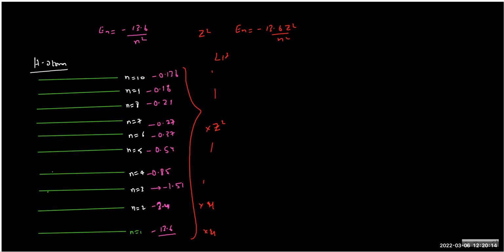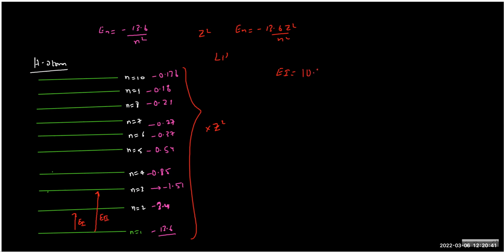Now, what else do we need to remember to solve the question efficiently? You need to remember the difference value. What is E1, which is very famous, the first excitation energy? So how much energy do you need to give to go from here to here? This is E1. 10.8, 11.2, sorry, 10.2.